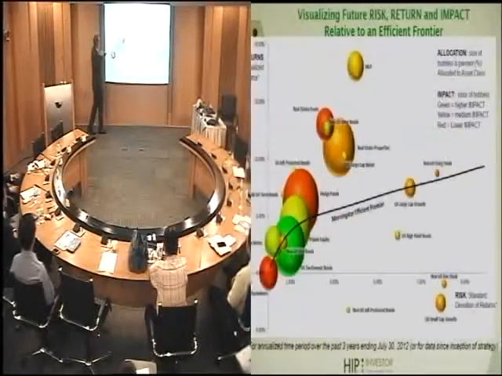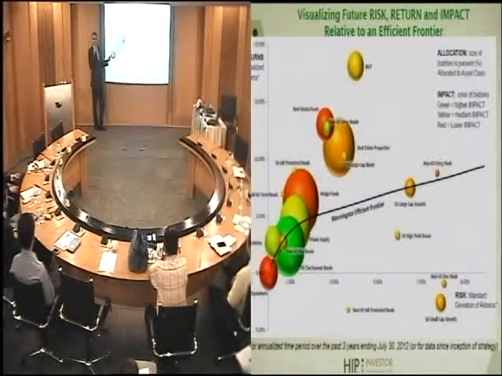So as we show a customer something like this, because cash is paying 0 now, this is the cash bubble. 0 risk and 0 return. But it's red. Why is it red? Because the HIP score of where the cash is a very low score. It's in a bank. The bank doesn't tell you how you're investing your cash. So it's not transparent.